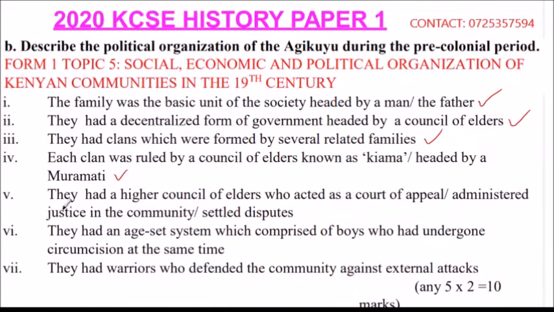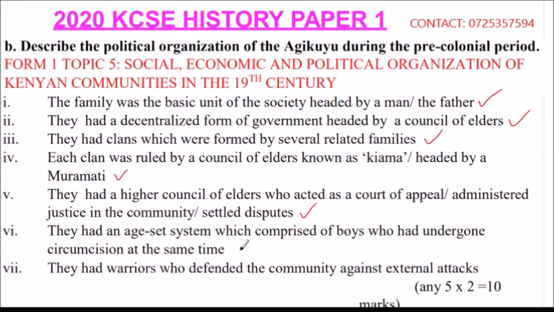Number 5, they had a higher council of elders who acted as a court of appeal, administered justice in the community, and settled disputes. For example, if someone has stolen from another person, land disputes, things related to marriages, and such things.